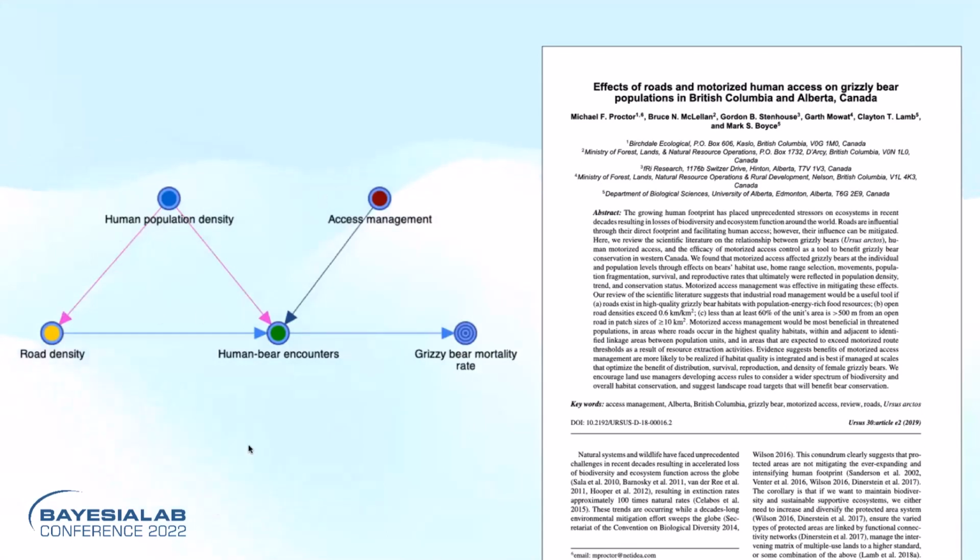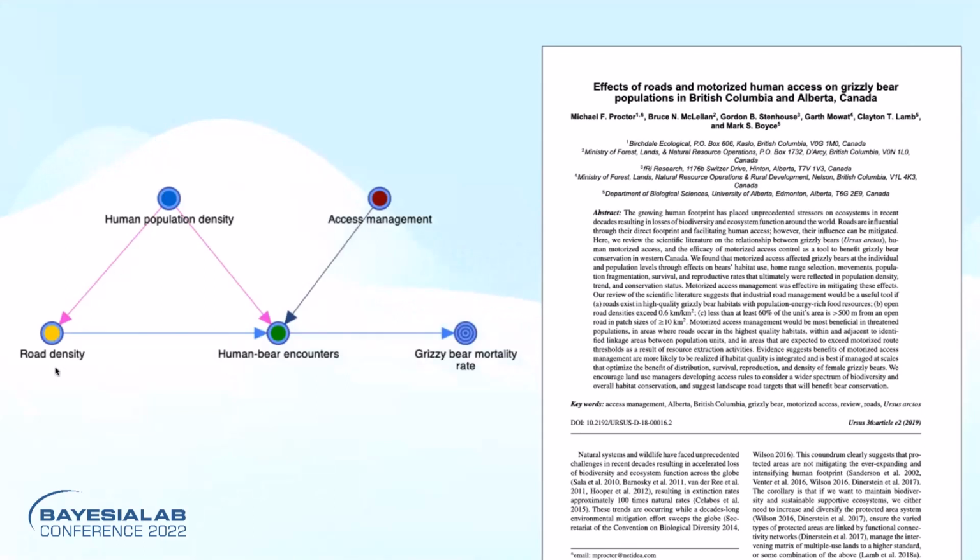So under this model, of course, the real issue here is human bear encounters. A descendant of that is the grizzly bear mortality rate. And this human population density is actually a confounder, because not only does it generate the human bear encounters, because people have to be around, but in places where you have more people, you also have a lot more roads.